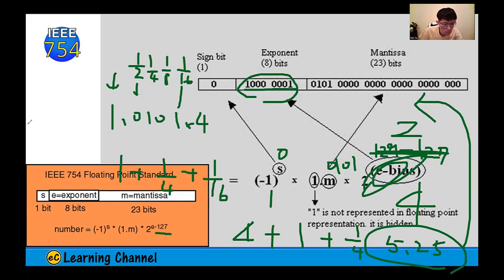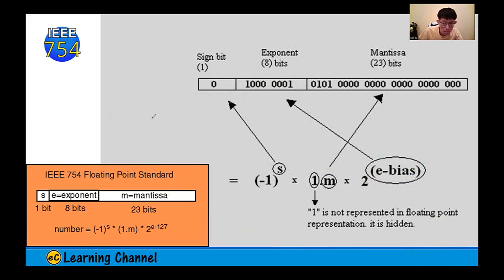So let's see. If you want to represent a floating point number that's 1.0, then this mantissa is 0. So it's 23 bits of 0. And then your sign bit is 0.